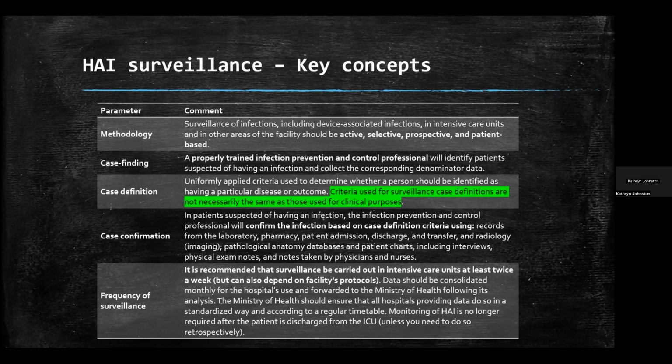You can see where this is a labor-intensive process. In fact, surveillance oftentimes will dominate the activities of an infection control team. But once the data is collected, it should be consolidated monthly for hospital use.